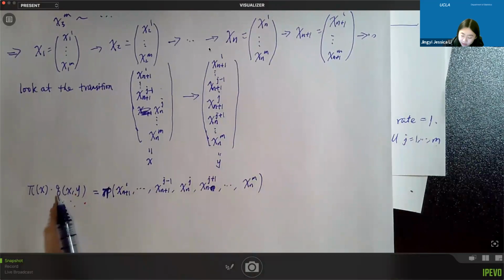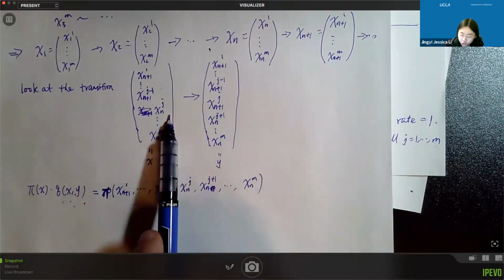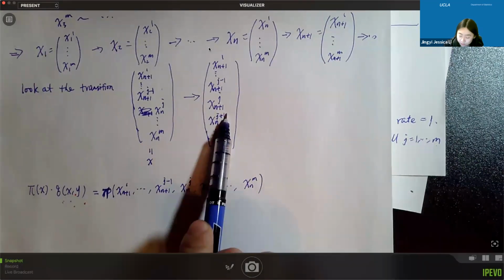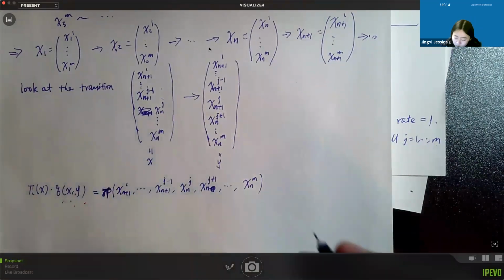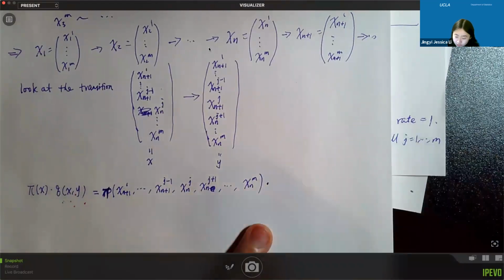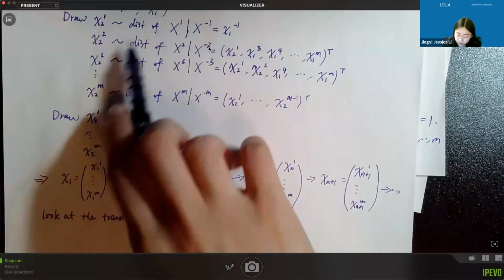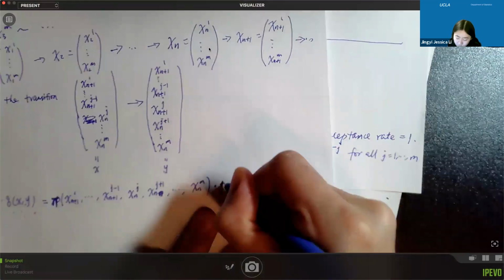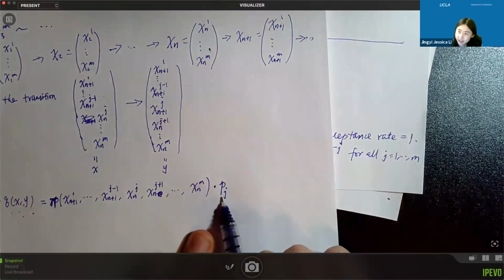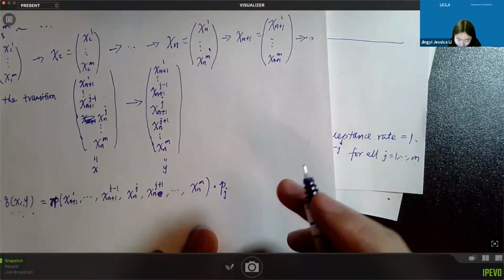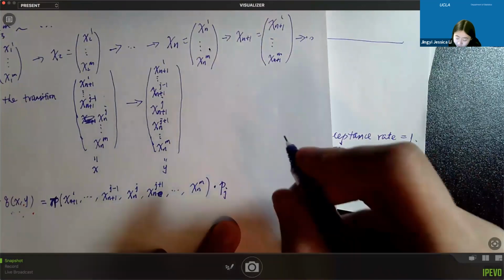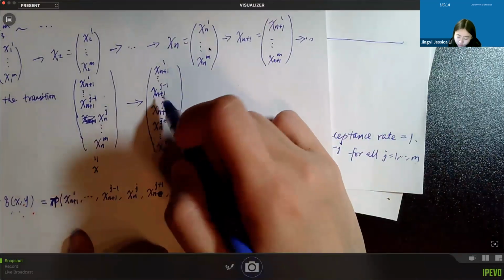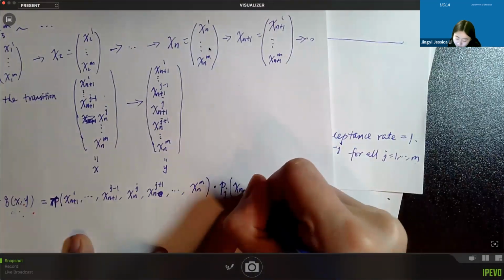And for the transition, you see what happens is that the jth dimension is changed, but the other dimensions are being conditioned on. So here the transition is essentially this distribution, okay? I will call that distribution Pj to mean that it's the conditional distribution for dimension j. The value I draw is xn plus 1 j.